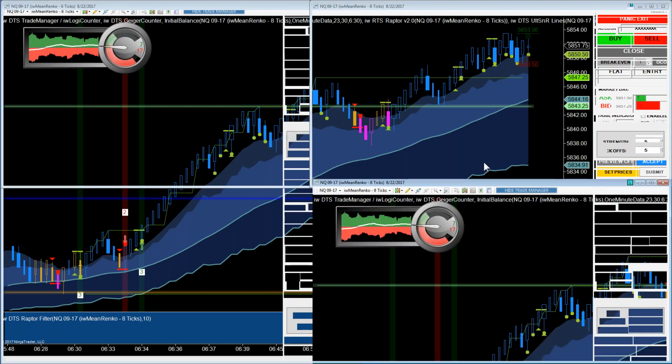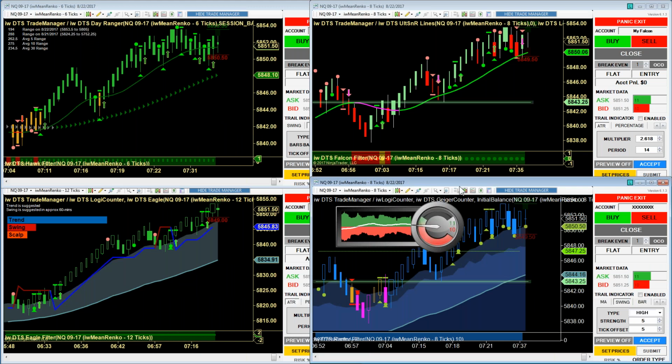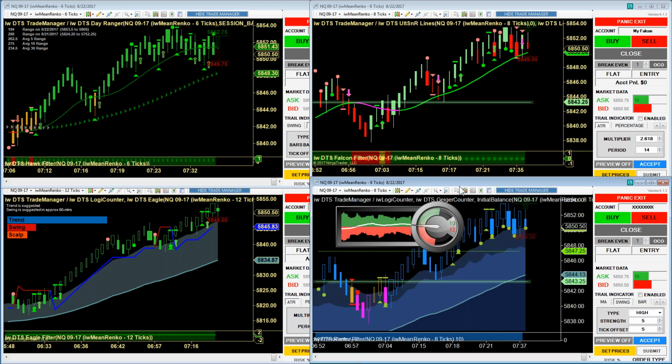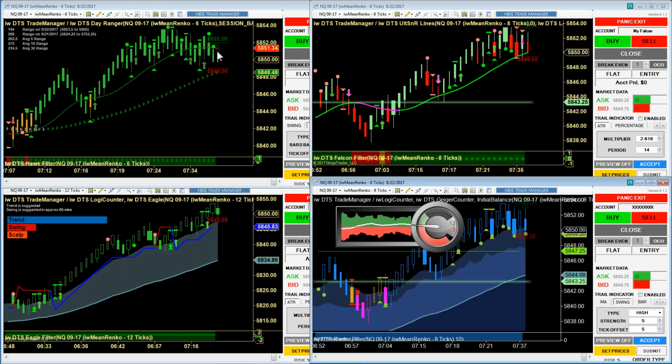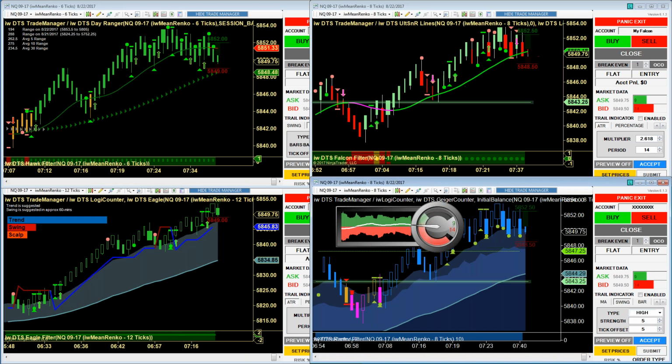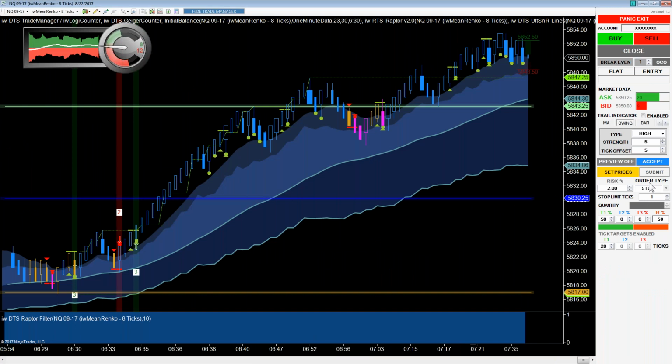Well, still not getting that set up for a proper short. Not yet, anyways. We are printing a 4-arrow consolidation here in the hawk, so that remains a little bit on the bullish side. I was really thinking we were going to get a sell signal here.